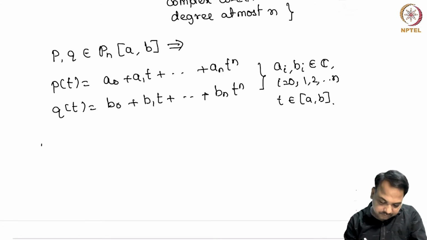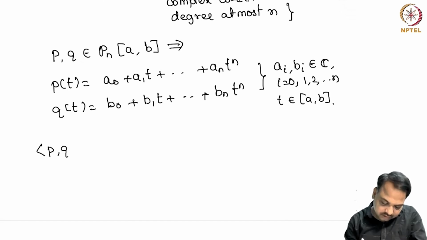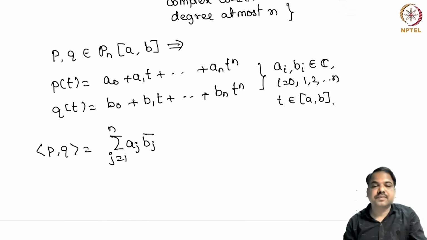We can define a new function of two variables like this: summation j equal to 1 to n of aj bj bar.